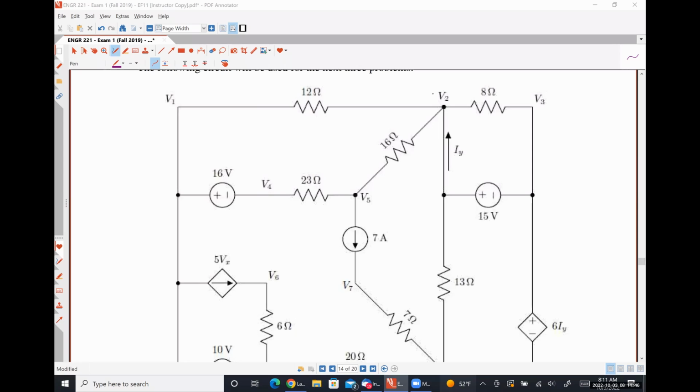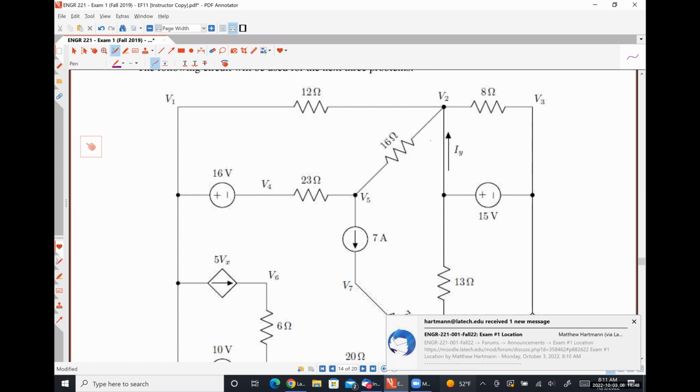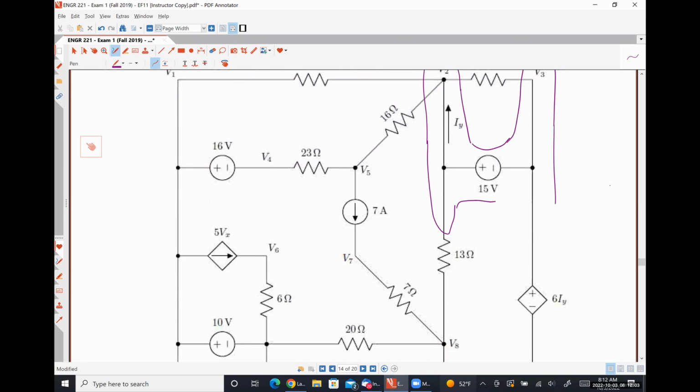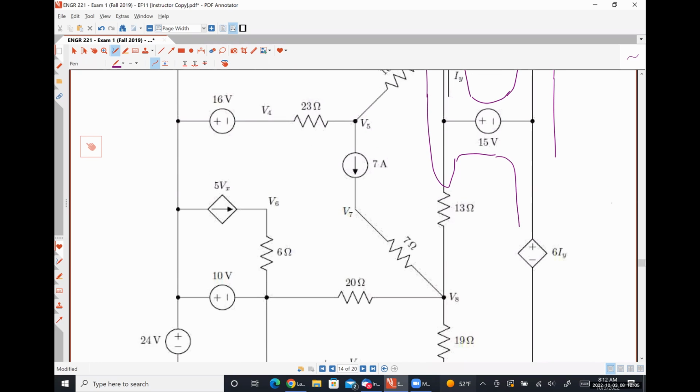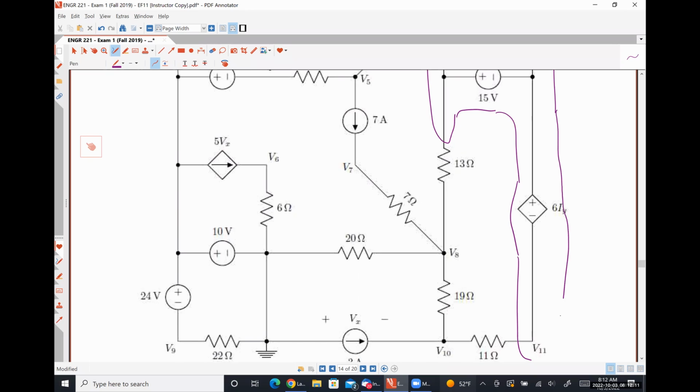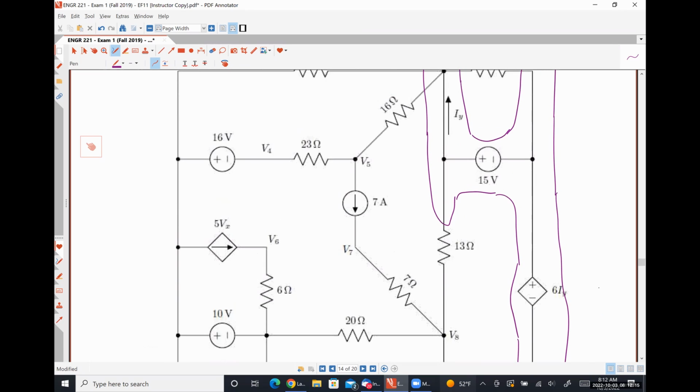So this big amorphous blob I've circled in purple is the supernode.